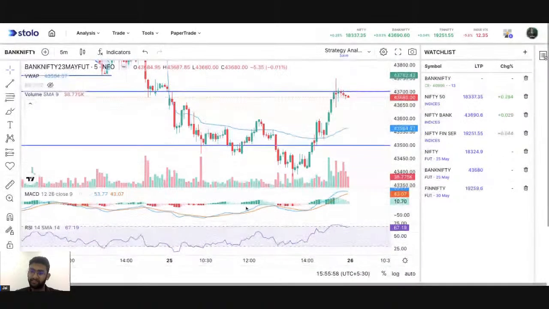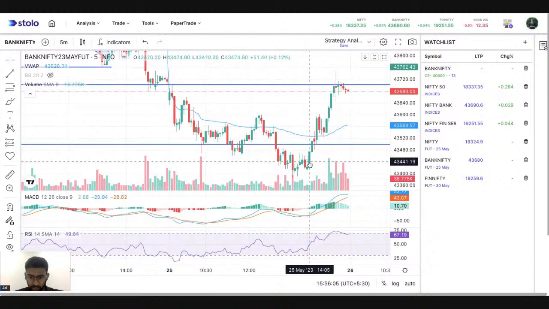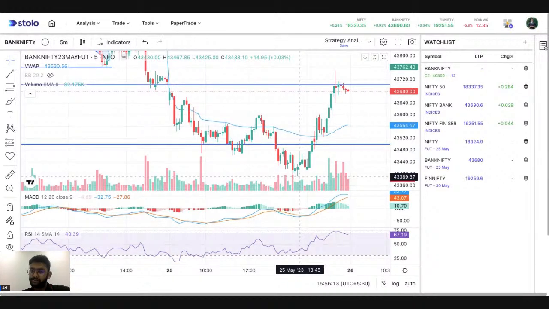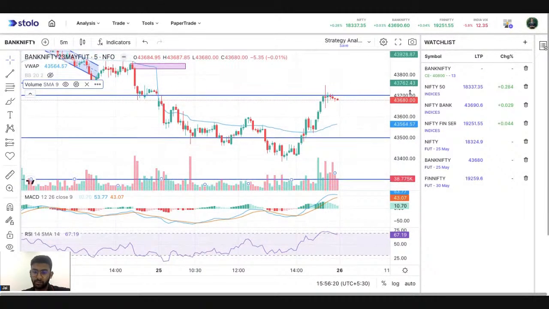Coming to Bank Nifty, very similar to Nifty, around 210 is where all the movement started. We saw a low of 43,389. So it did move below 43,400, which is very low.